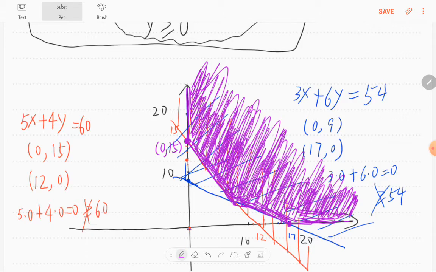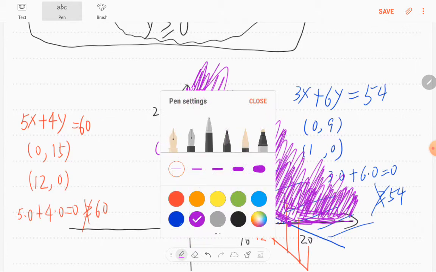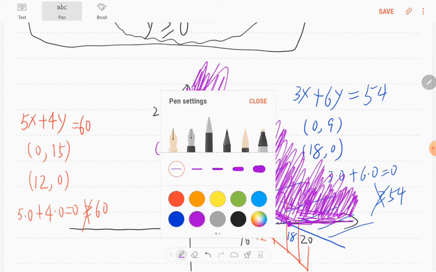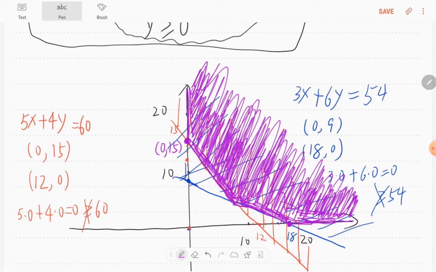I made a mistake. 18, 0. Okay, so this point is 18, 0.